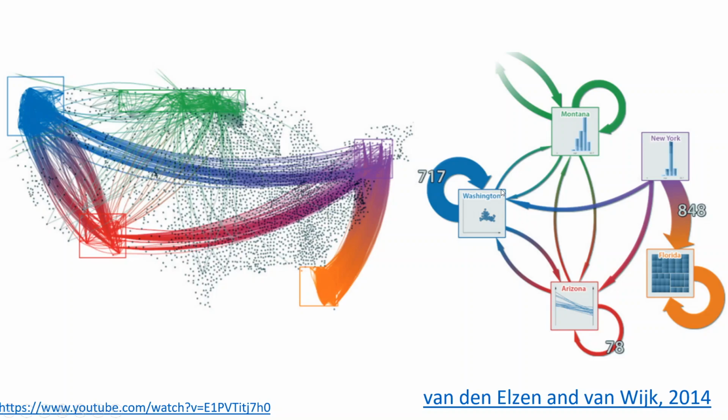We can essentially make each of our nodes or each of our vertices a graph in itself. It can be a visualization of itself. So I can do small multiples, I can do a line graph, I can do a tree map, I can do whatever I want. And the connections between this node and that node, or this region and this region, can be represented by the edge, the thickness of the edge, and I can actually show how many from this green region are going to blue, how many from the blue are then going to this, that sort of thing.